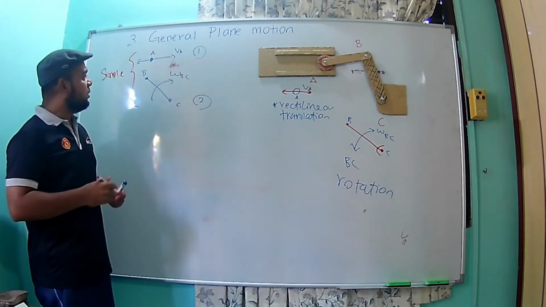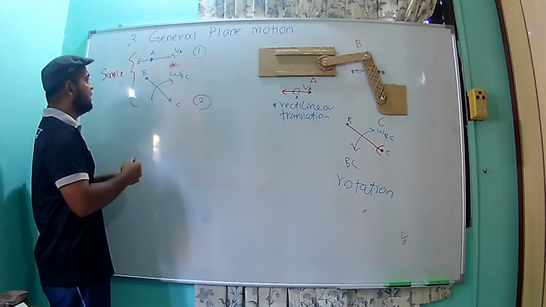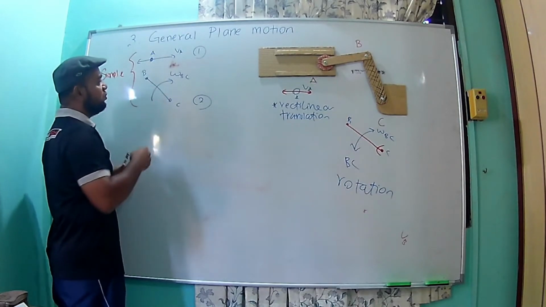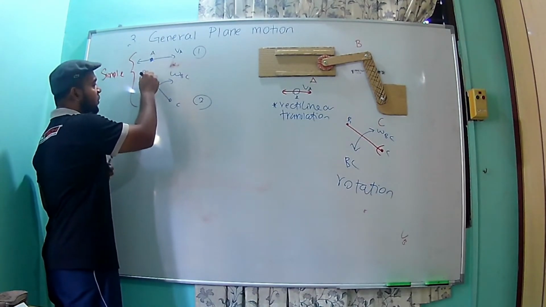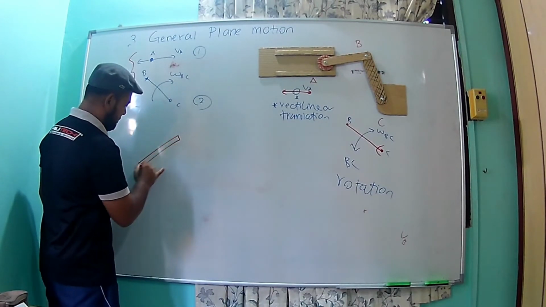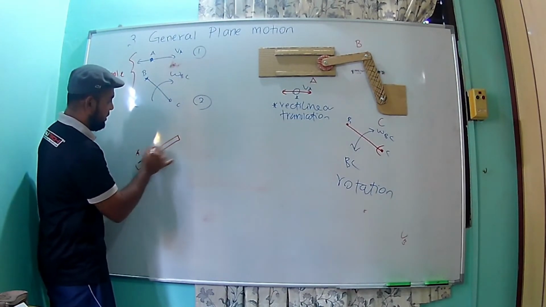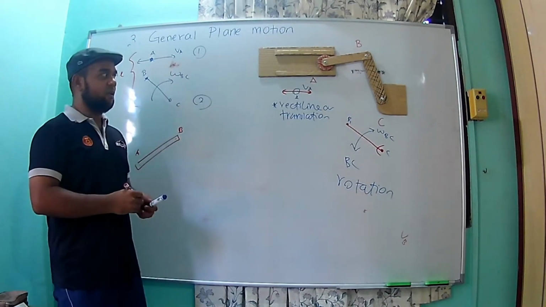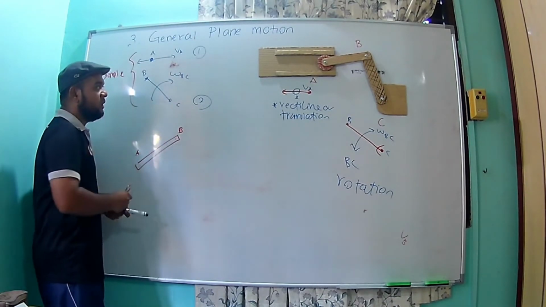Now we have the third part, which connects between these two, point A and point B: the component AB.